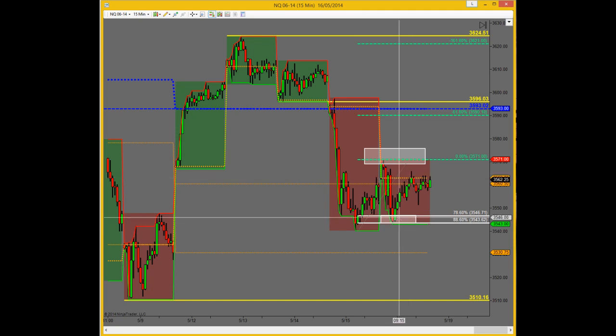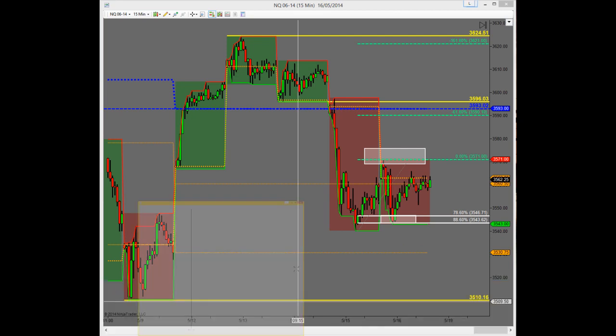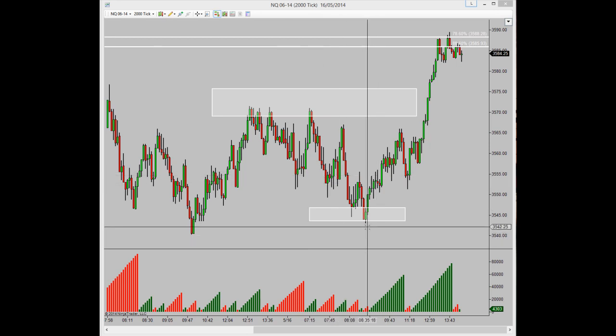I took that one because in my Unirenko and my 2000 tick chart I was looking at no sellers, and let me check if I have that one here. Just a second. Okay, here it is. This is my 2000 tick chart, which I used to find these zones right here.